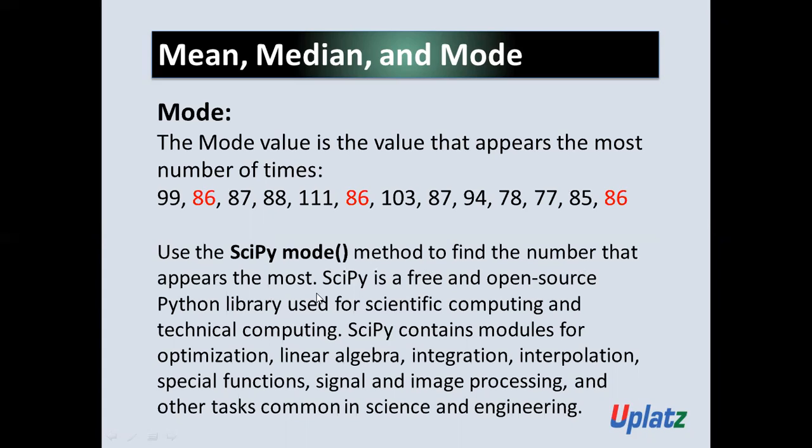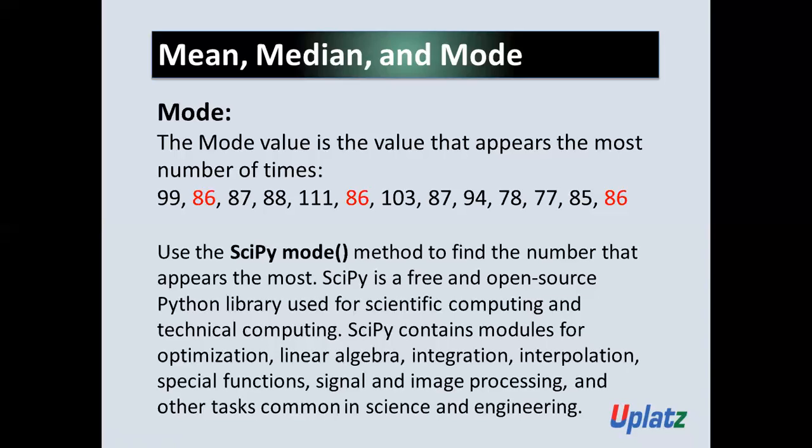To calculate the mode, we need to use SciPy, scientific Python. Use the SciPy mode method to find the numbers that appear the most number of times. SciPy is a free and open source Python library used for scientific computing and technical computing.